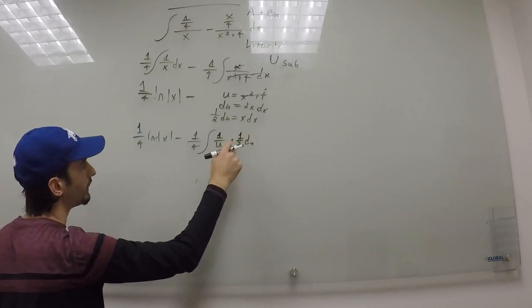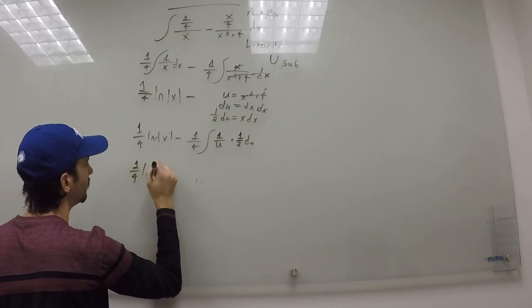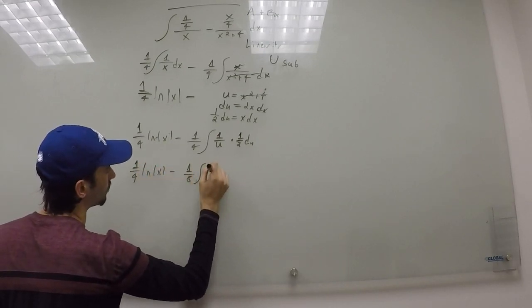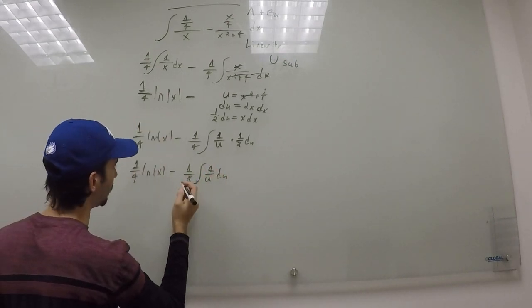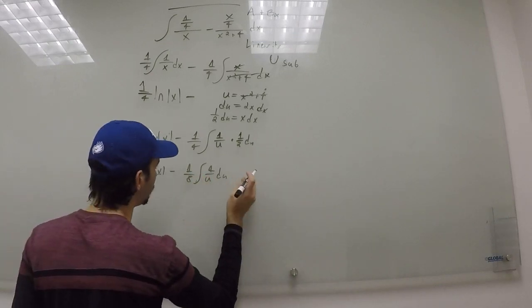We can pull this 1/2 out, and that gives us 1/4 ln x minus 1/8 times 1 over u du, which integrates to ln of u.